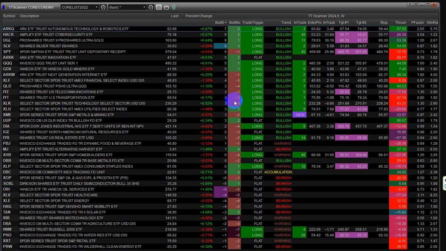Now, I've just focused on this one new trigger here off the core list. Here's triggers over here that are still holding up above the stop level, or slightly below. The whole idea is that this gives you the opportunity.